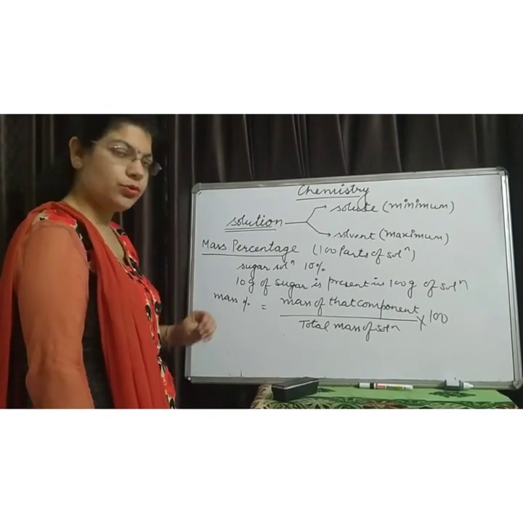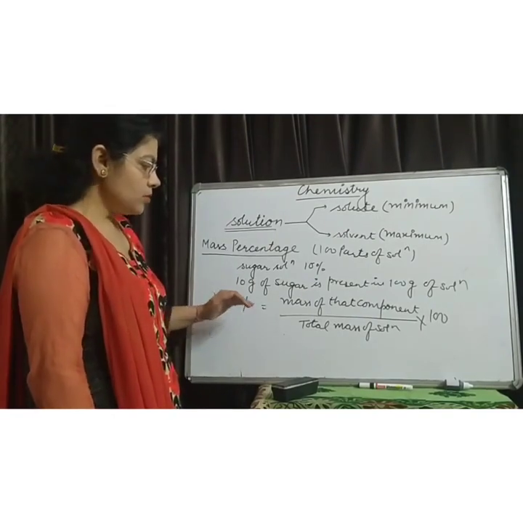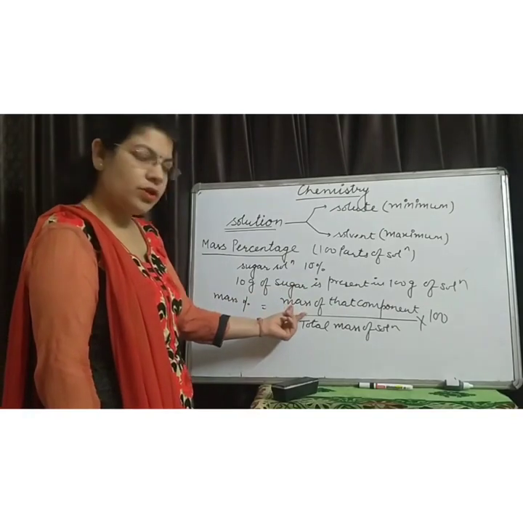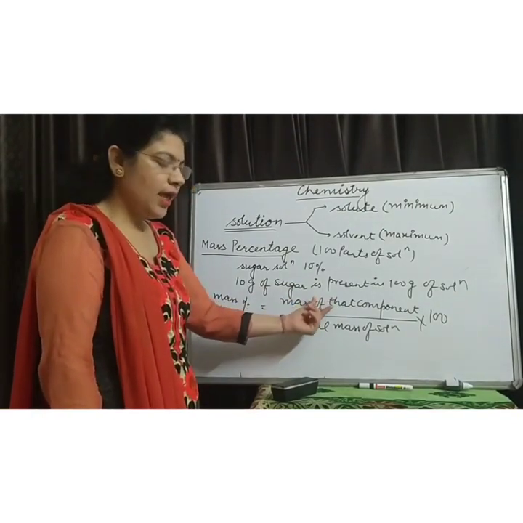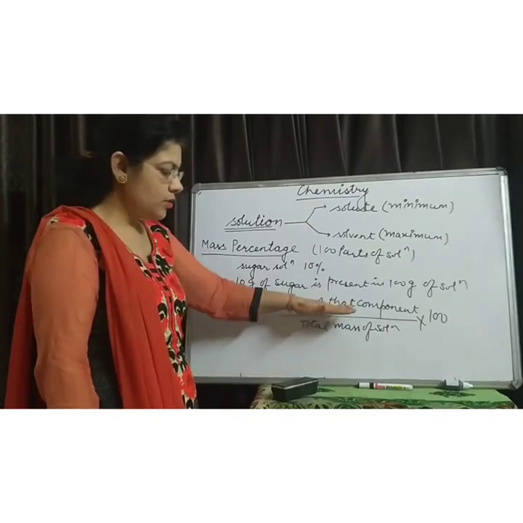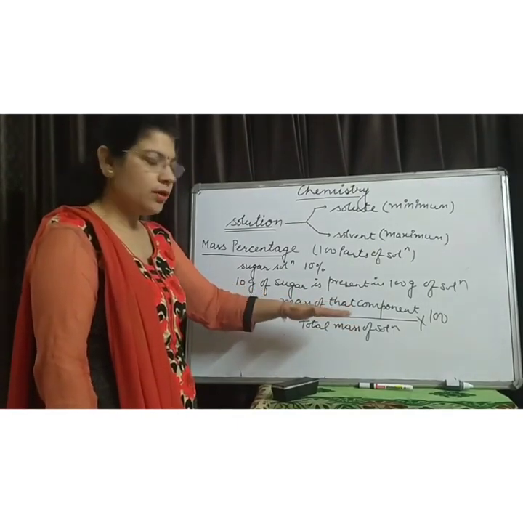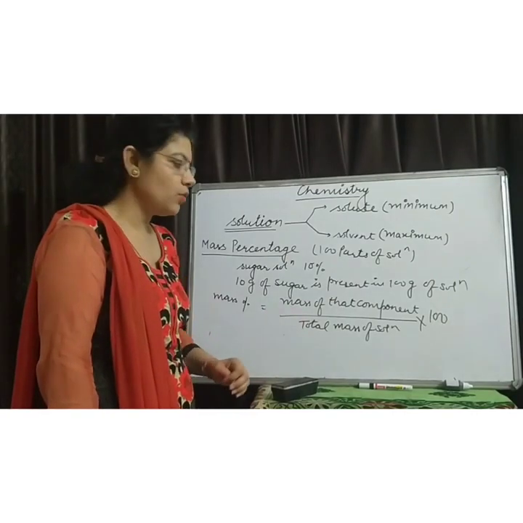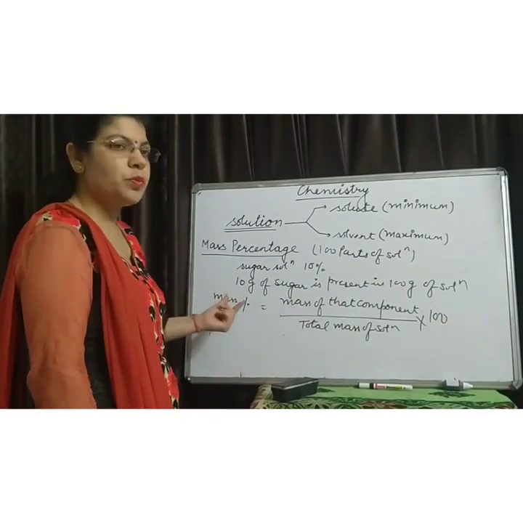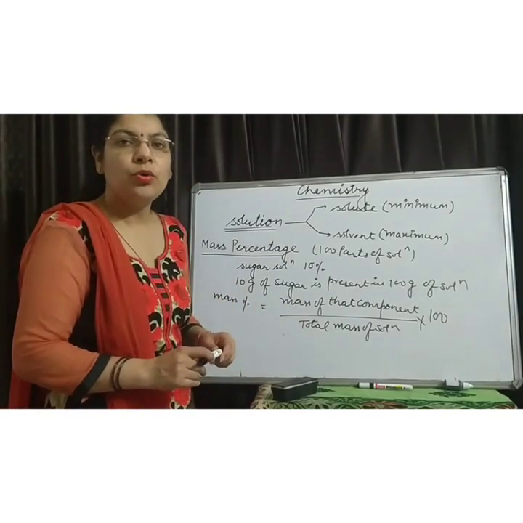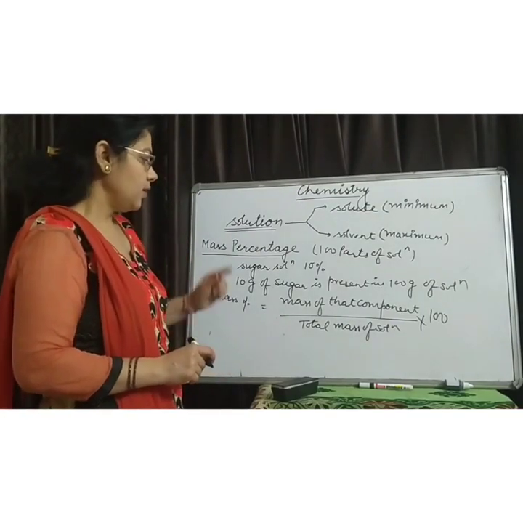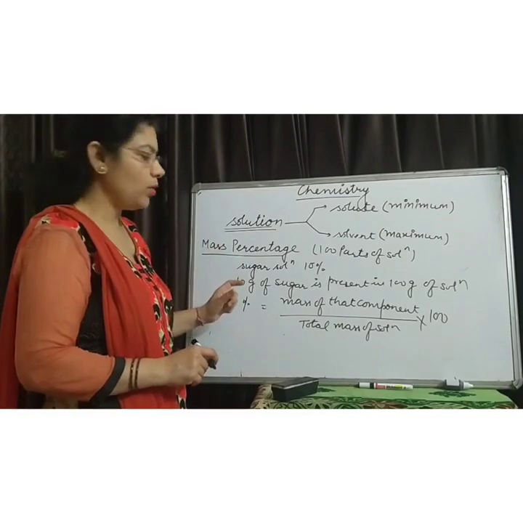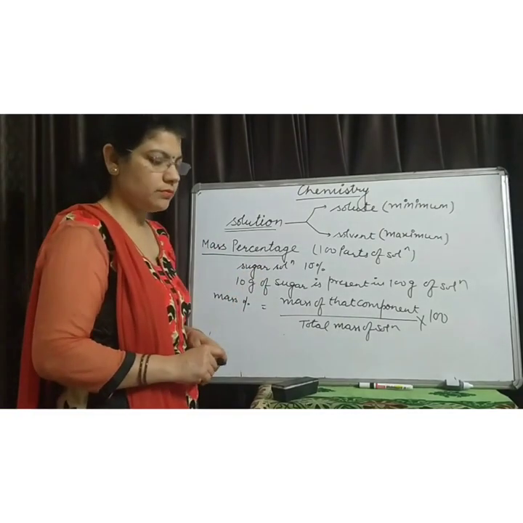Why does it have no unit? Because mass of the component as well as total mass of the solution have the same unit. One is in the numerator, other is in the denominator. They both cancel out. Therefore, the mass percentage is a unitless quantity. It is represented only as a number.